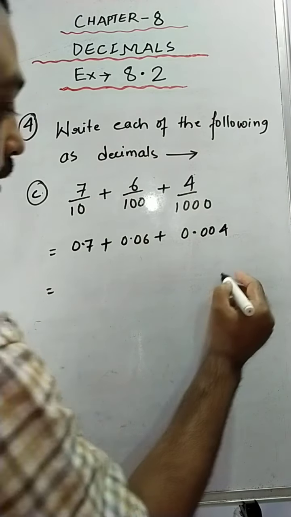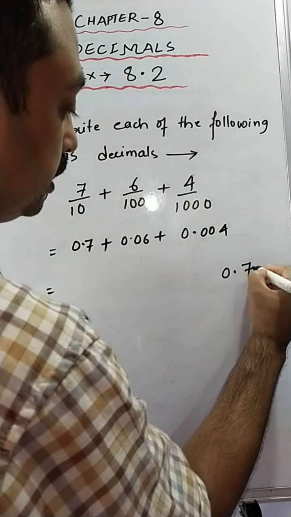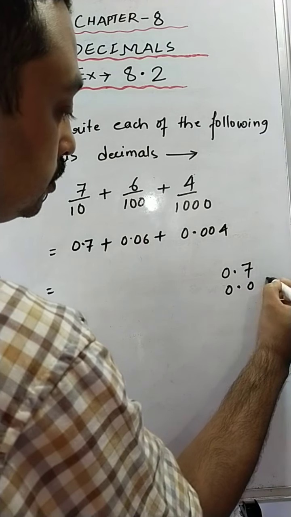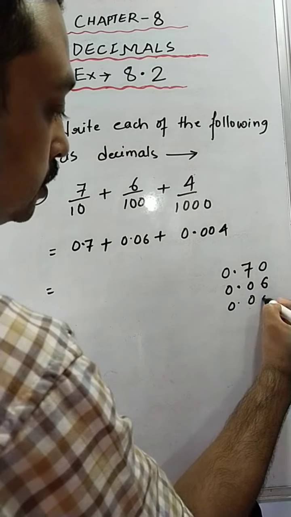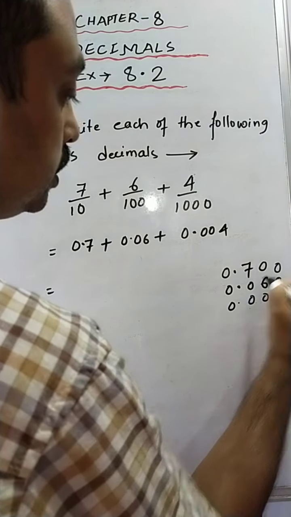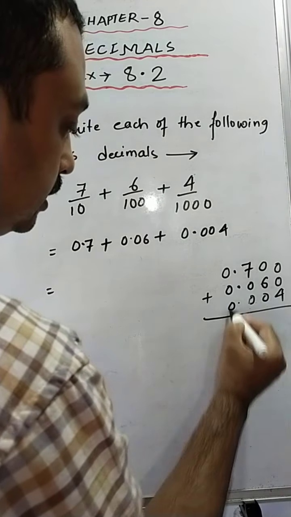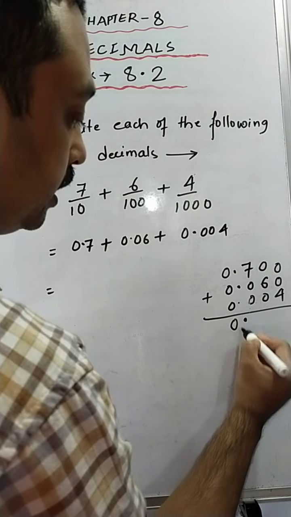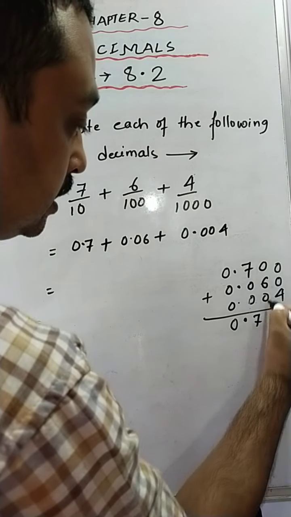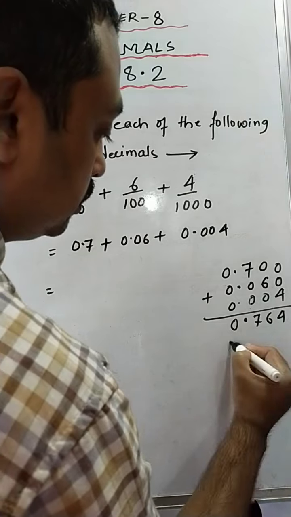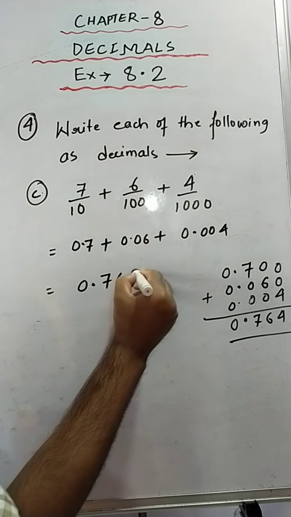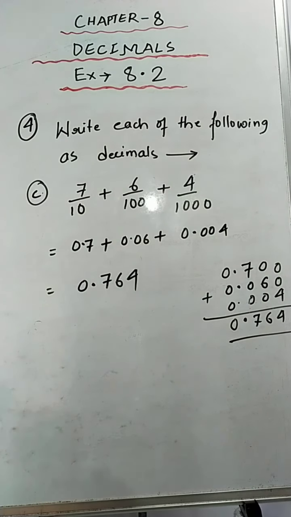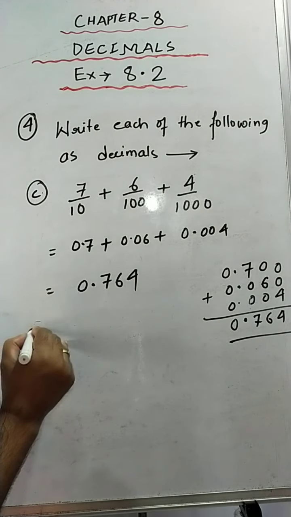Now how to add it? 0.7, 0.06, so we have to put 1 zero here. And 0.004, so we have to put 2 zeros here. Now just add it: 0, decimal here, 7, 6 and then 4. So your required answer is 0.764.